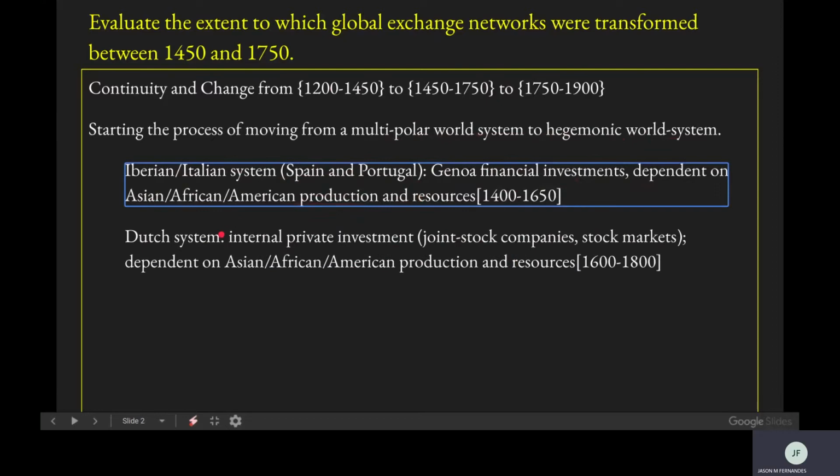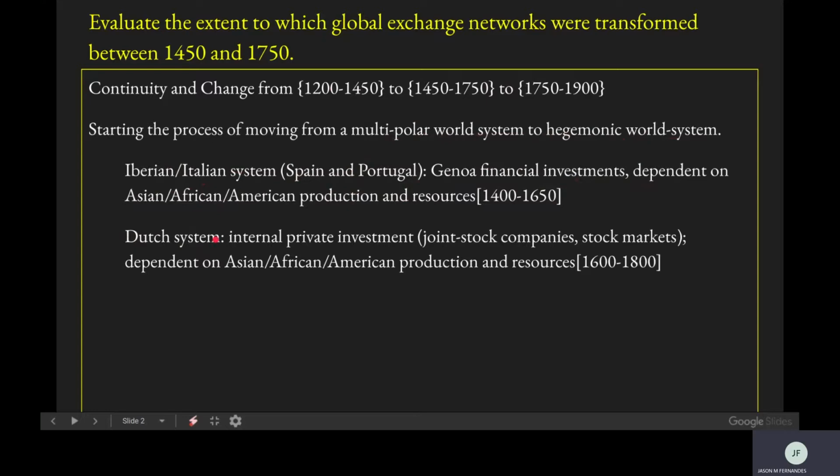And then we'll move into the Dutch system. This is based on some of the work of scholars like Giovanni Arrighi, Immanuel Wallerstein, etc. After this Spanish-Portuguese system begins to fall apart, the Dutch take that over.